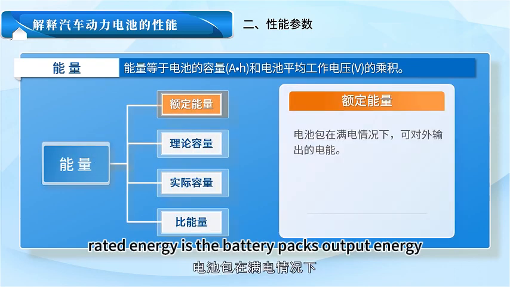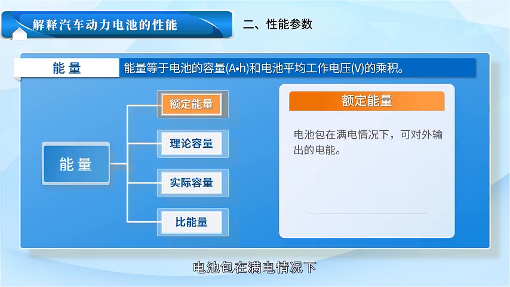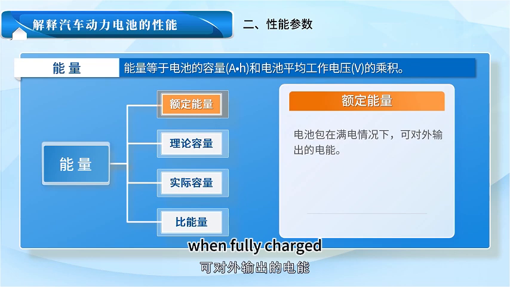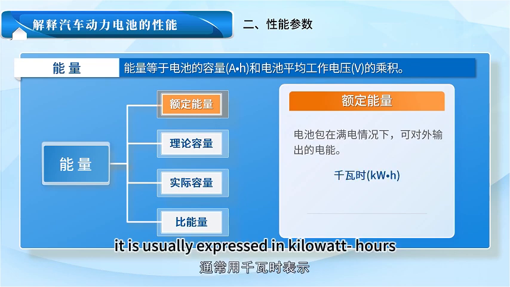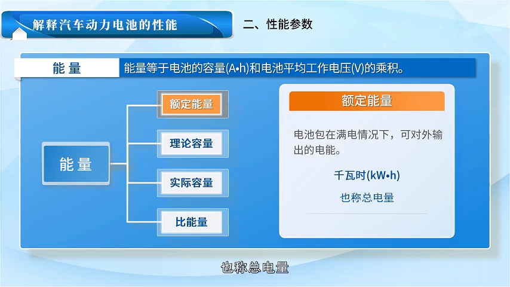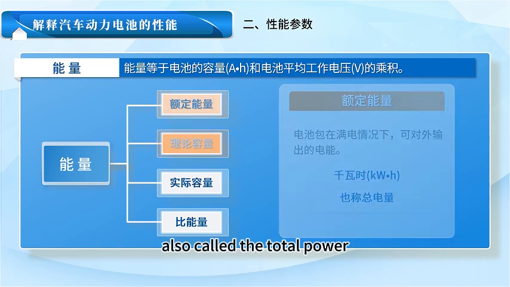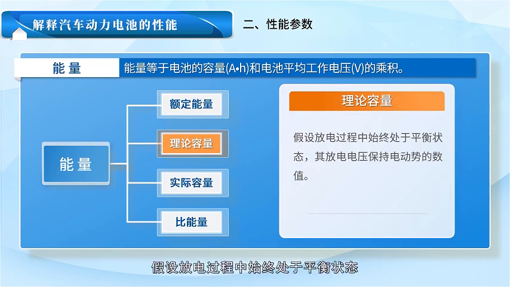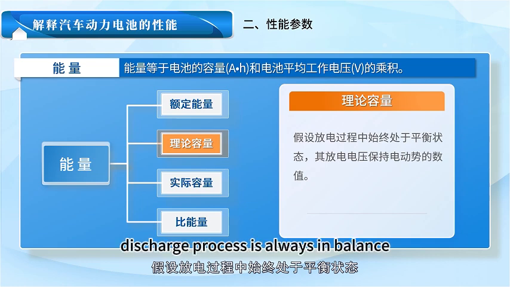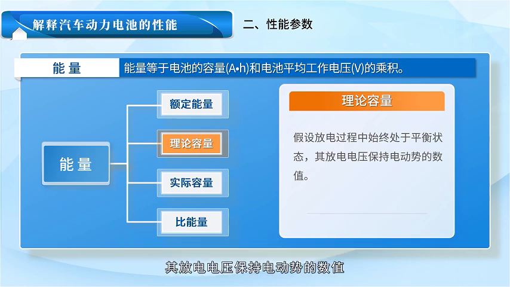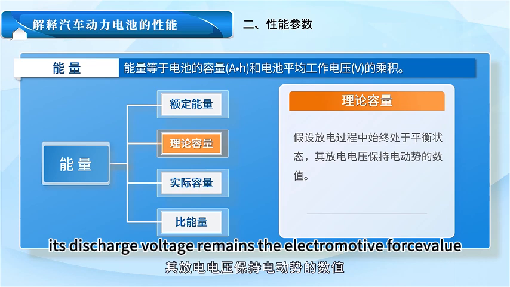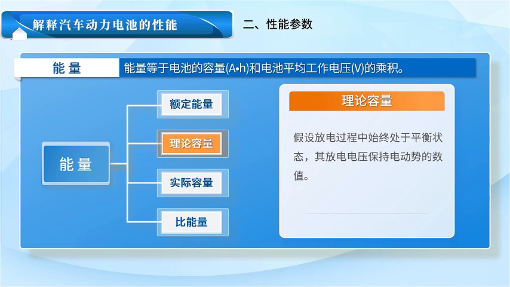Rated energy is the battery pack's output energy when fully charged. It is usually expressed in kilowatt-hours, also called the total power. Theoretical energy assumes that the discharge process is always in balance, so the discharge voltage remains at the electromotive force value.